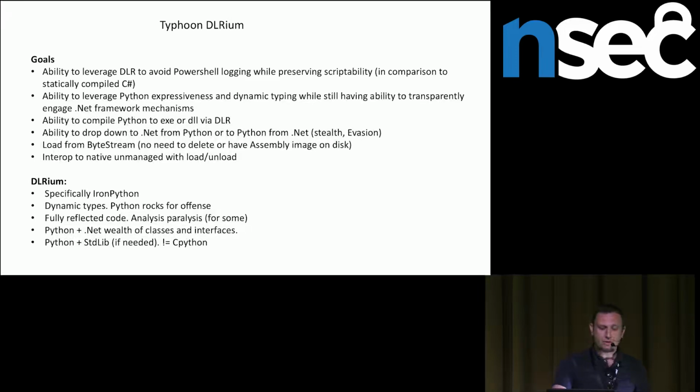Okay, so here comes Delirium. It is specifically IronPython. It does work with dynamic types. It mixes and matches styles of programming for Python and .NET, so you can actually have, we'll see examples of that, but you can actually confuse the defense even more, and you can actually reflect code from one language to another.